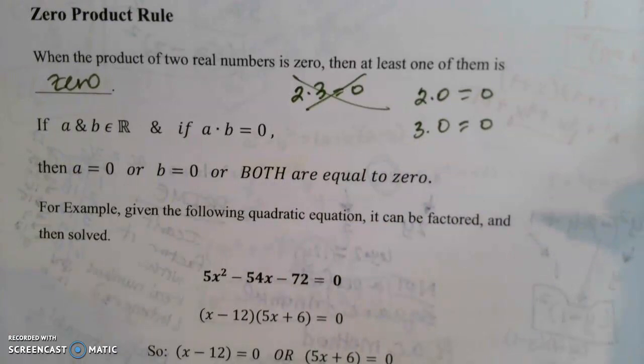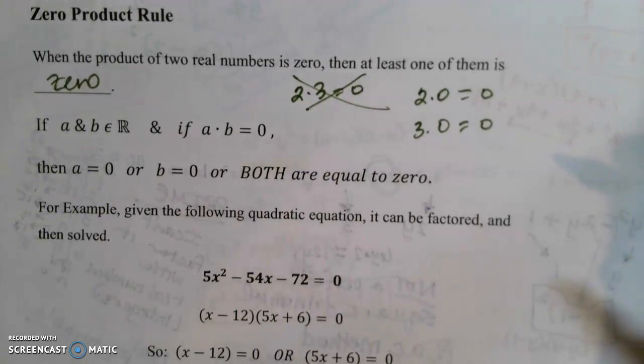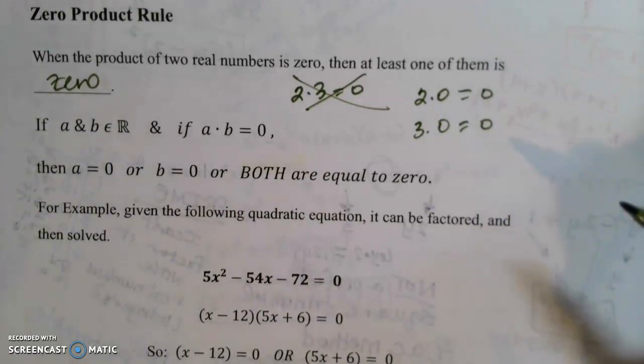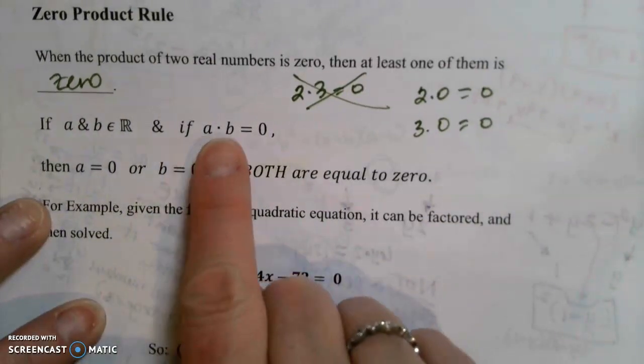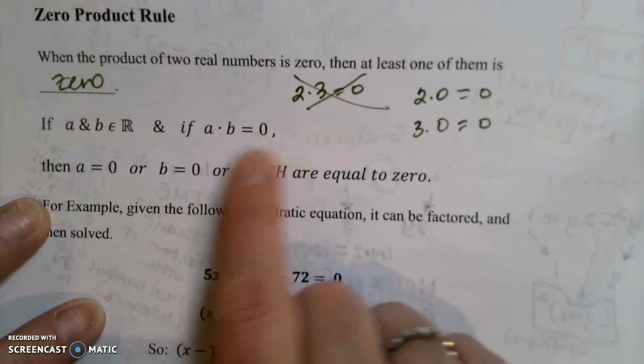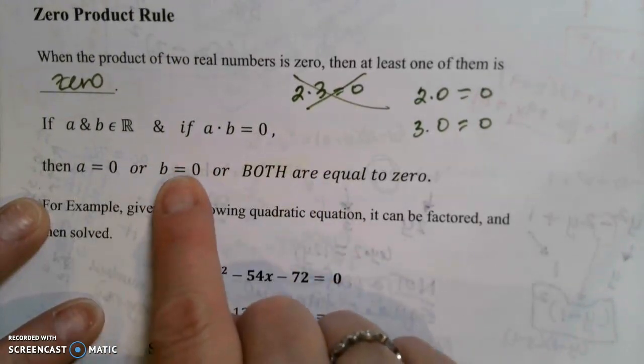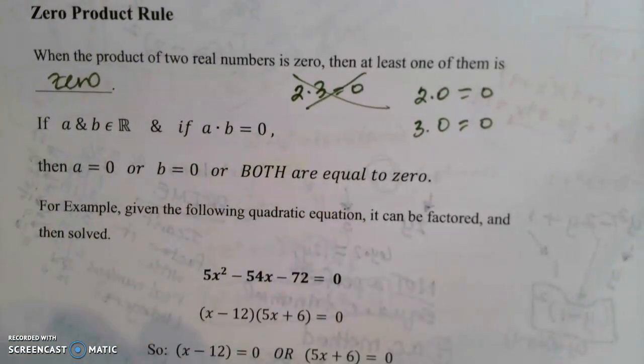So we are going to end up with 2 possible answers, and we can use our factoring to factor our quadratic equation that we have. Make sure that it's set equal to 0, and then we can set each of those pieces equal to 0. Because if the 2 pieces multiply to 0, then one piece or the other piece, or both of them, have to be equal to 0.